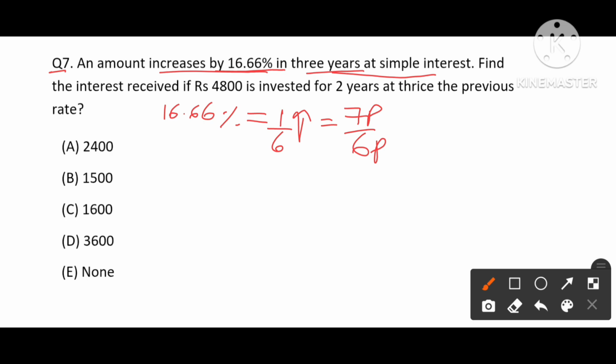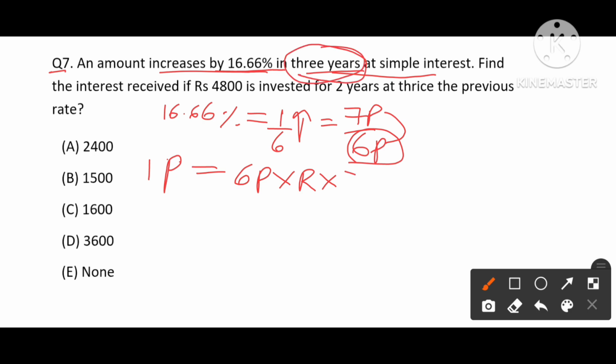We know simple interest is interest. Here the interest we got is only one part. One part value is the interest. Interest is equal to principal, which is 6 parts, into R, which we need to find, and the years given are 3 years, divided by 100.